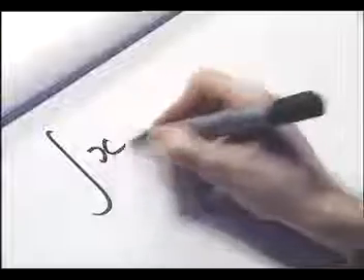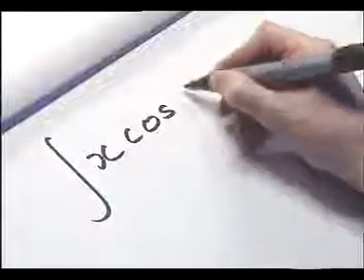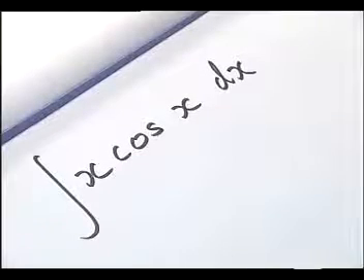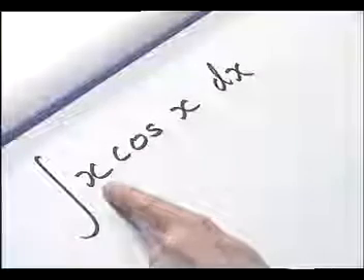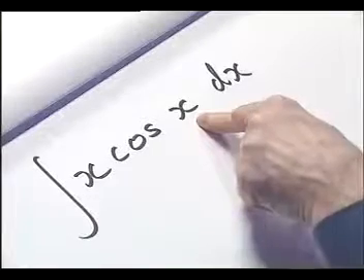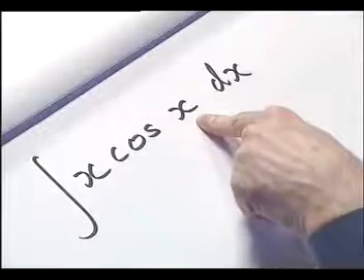So let's go back to the original example that we started with. We asked ourselves the question, could we integrate x cos x with respect to x? Now remember, we've got a choice. We can take this to be u, or we can take this function to be u.